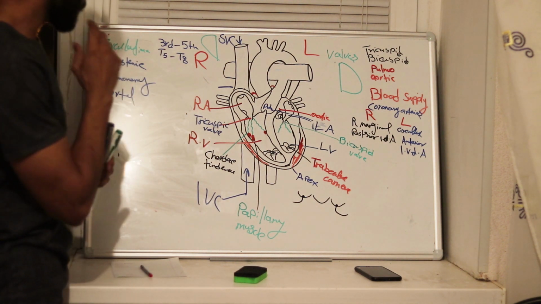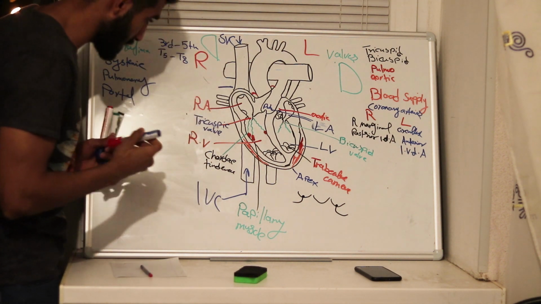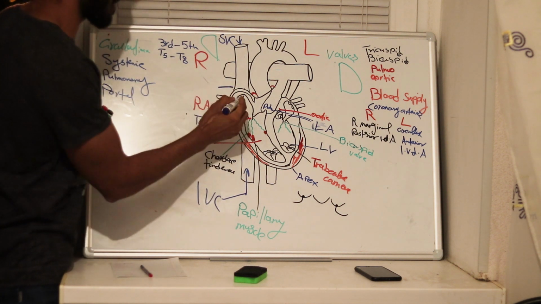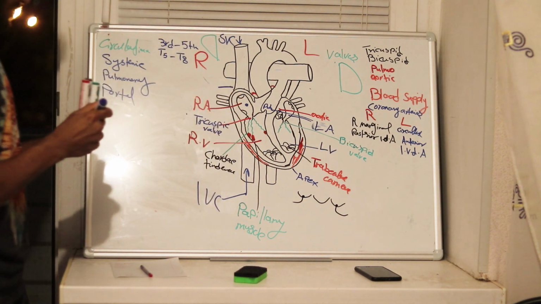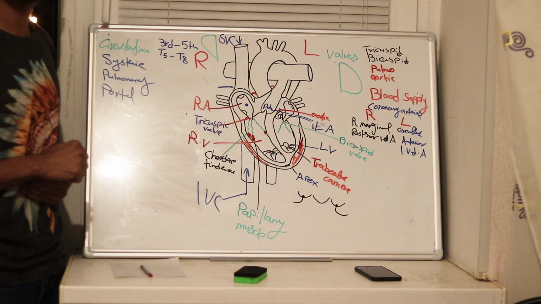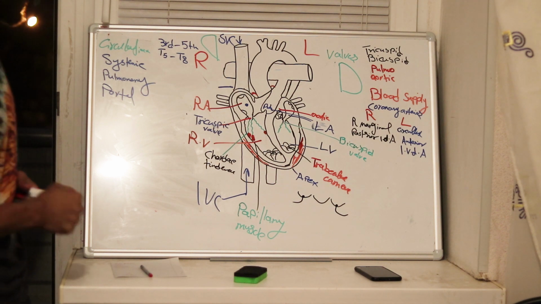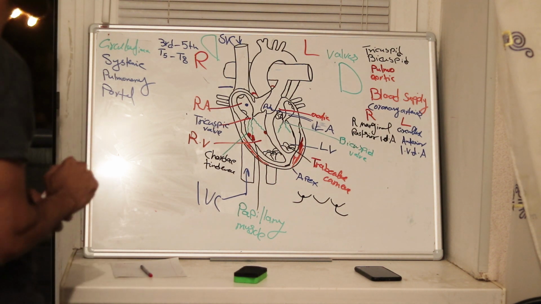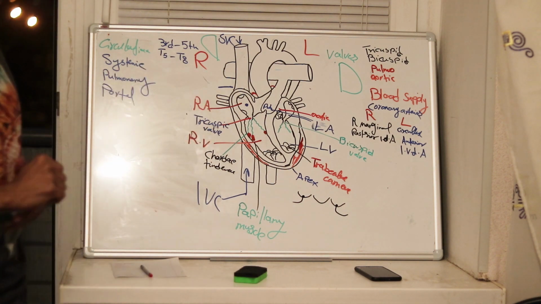So, the inferior vena cava, the superior vena cava, and also what drains to the right atrium is the coronary sinus. The coronary sinus is not obvious from the front of the heart.